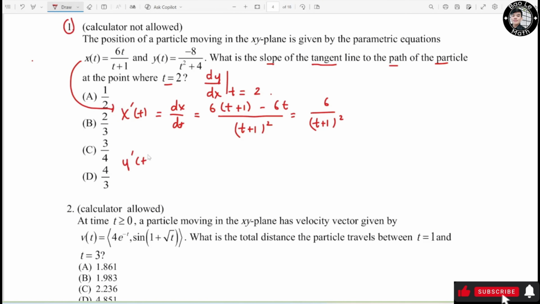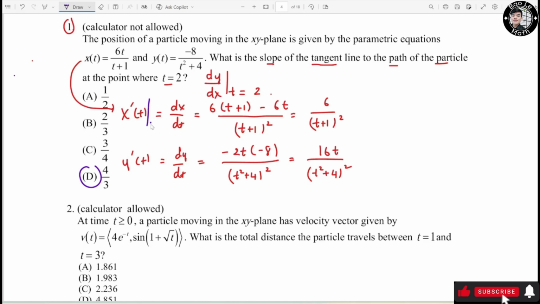y prime of t equals dy over dt. It's going to be minus 2t times negative 8 over t squared plus 4 all squared, so it could be 16t over t squared plus 4 all squared. We evaluate at t equals 2. For dx over dt, it's 6 over 9, which is 2 over 3.